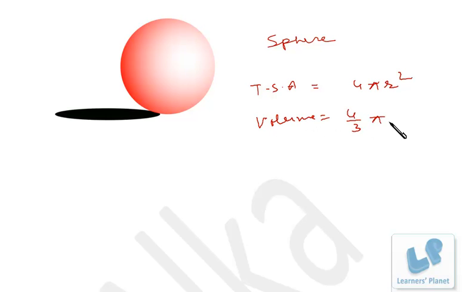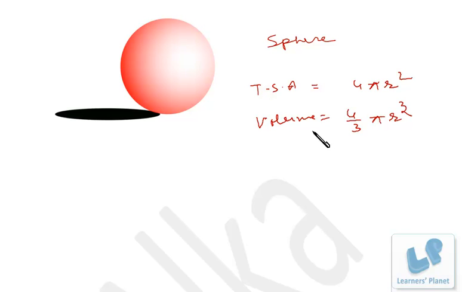Now we have sphere. Your cricket ball, your tennis ball, all of them are spherical in shape, right? So the total surface area will be 4 pi r square, and volume of a sphere will be 4 upon 3 pi r cube, right? Total surface area and volume, right?